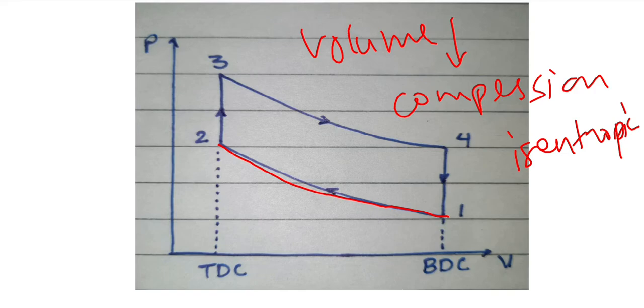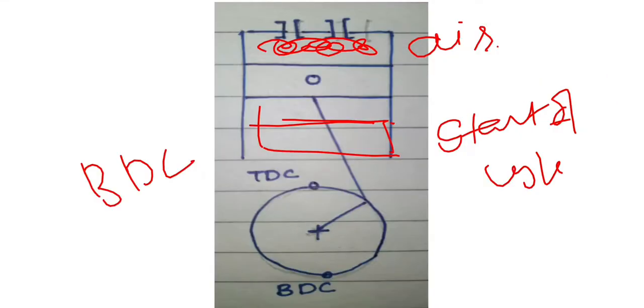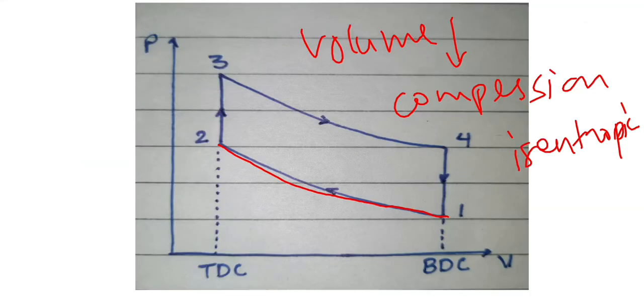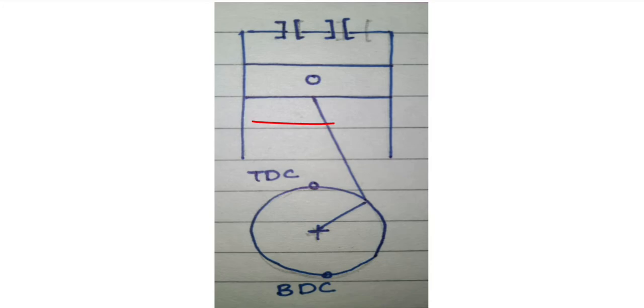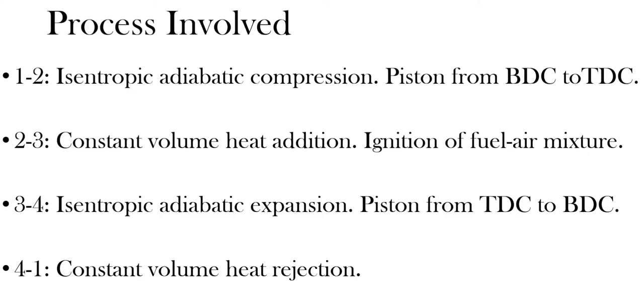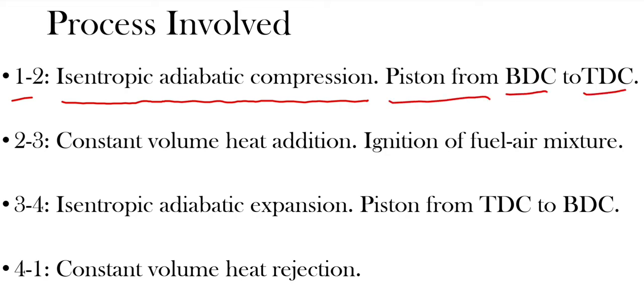And if we look from the point of view of the piston, we will understand that the piston moves from the bottom dead center towards the top dead center, meaning from BDC to TDC. This is the first step. It is known as the 1 to 2 isentropic adiabatic compression, piston from bottom dead center to top dead center.